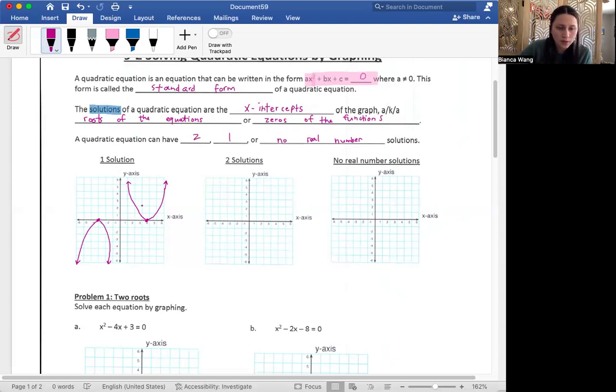So this would be where there's one solution. I'll compare that to two solutions here. These are separate graphs, so look at these separately. This is where it's touching exactly on the x-intercept.